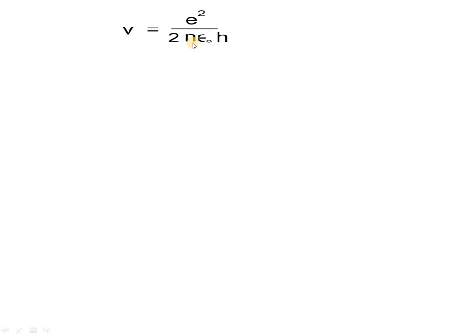In that case, orbital speed in the second level becomes half of the orbital speed in the first level. That is why we can write the formula V1 is equal to 2V2, that is orbital speed of the electron in the first orbit is 2 times the orbital speed of the same electron in the second orbit.